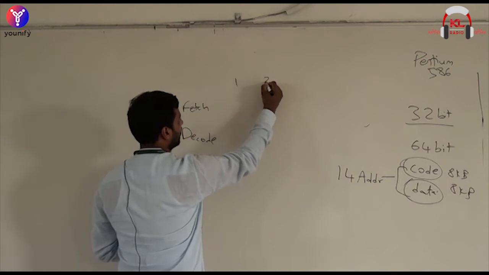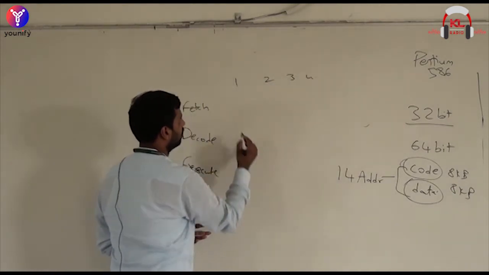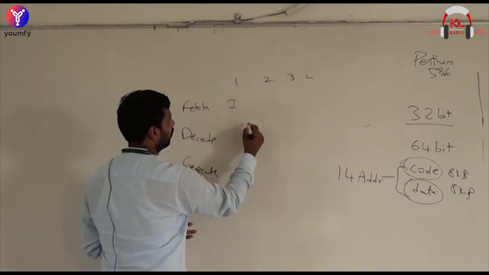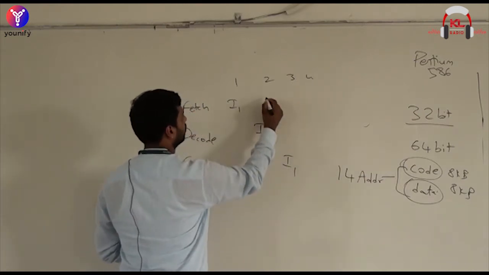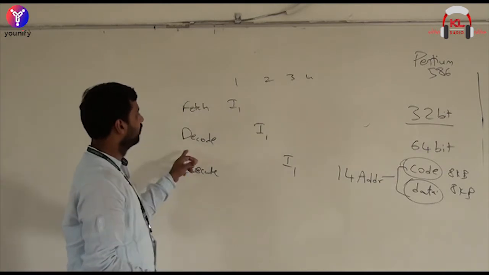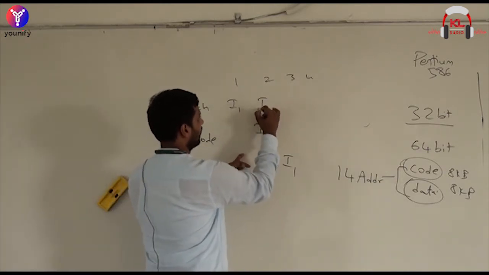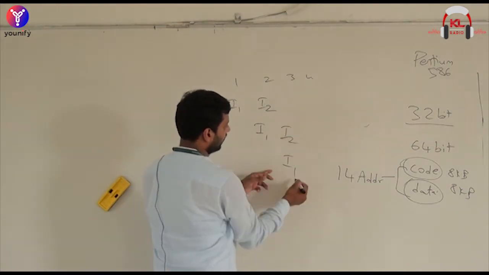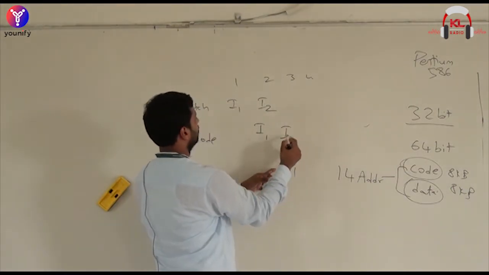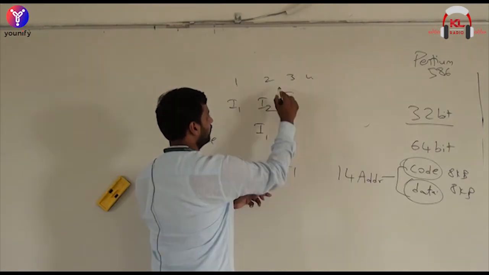So we call it cycle 1, cycle 2, cycle 3 and so on. So instruction 1 ideally falls under fetch, decode, execute. And while I1 is decoding, if I send I2 in the fetch stage, and while I1 is executing, you can fetch I3 and decode I2.